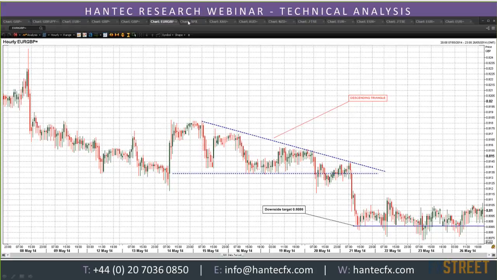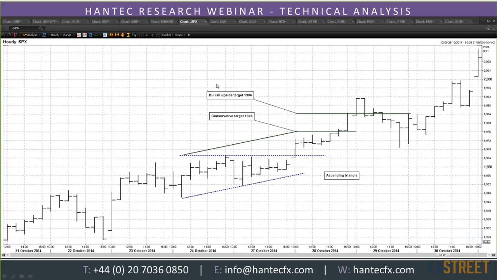So you've got a slightly uptrending sequence within a consolidation, which then broke to the upside. Once you break through that resistance on the upside, in this case 1965, that reaction high, you then start to project on the upside. I've shown a couple of targets here: a conservative target and a maximum target.